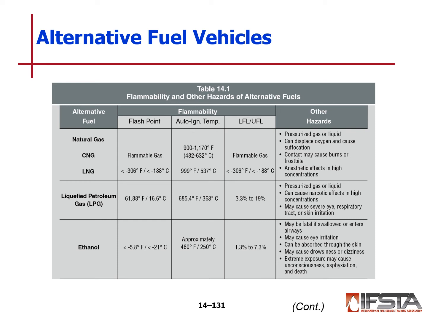The flash point is less than negative 5.8 degrees, and it goes all the way up to negative 21. Ethanol and alcohol vaporize, so it's a little harder to see. It burns a clear bluish color as well.